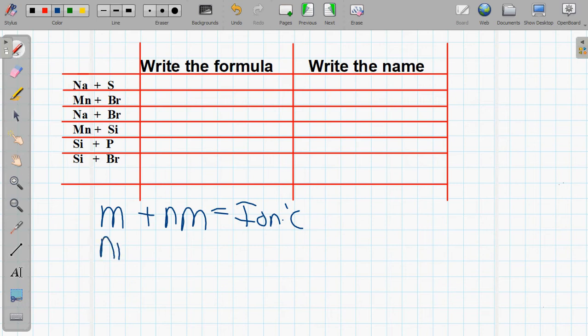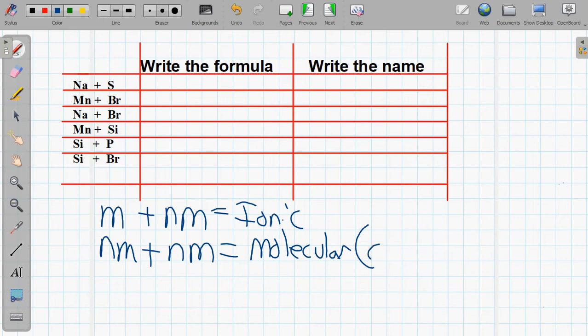If it's a non-metal and another non-metal, then it is molecular, also known as covalent. Molecular refers to the fact that it's made of molecules. Covalent is the type of bond that holds the compound together. All right? So we have ionic and covalent bonds.